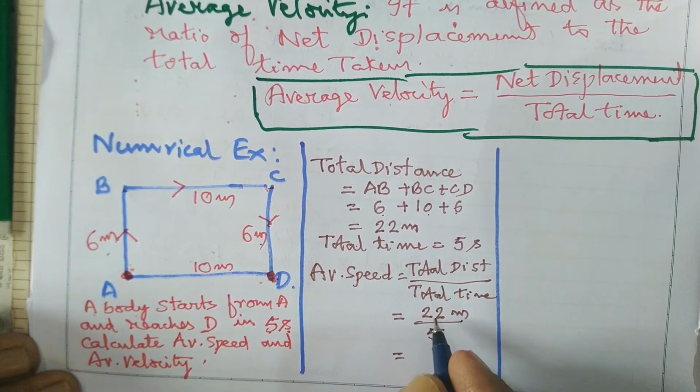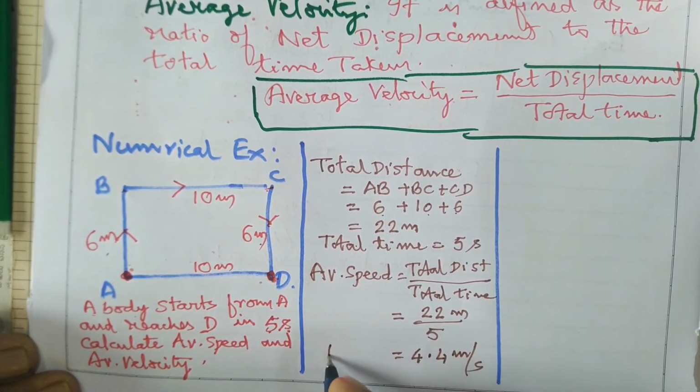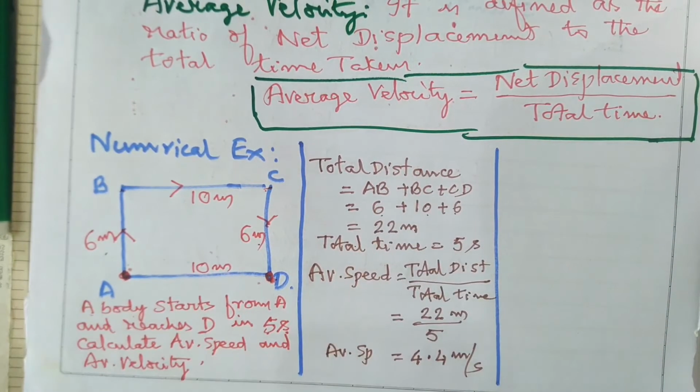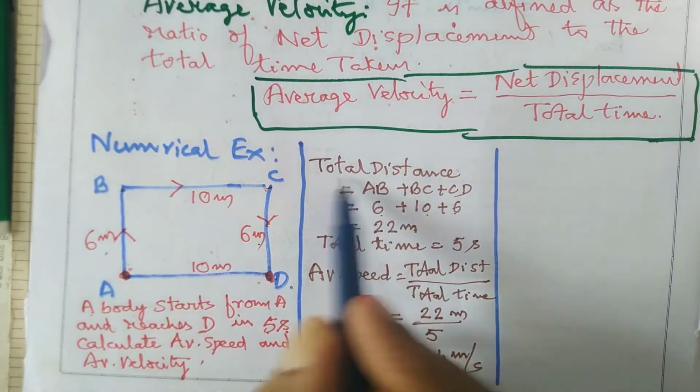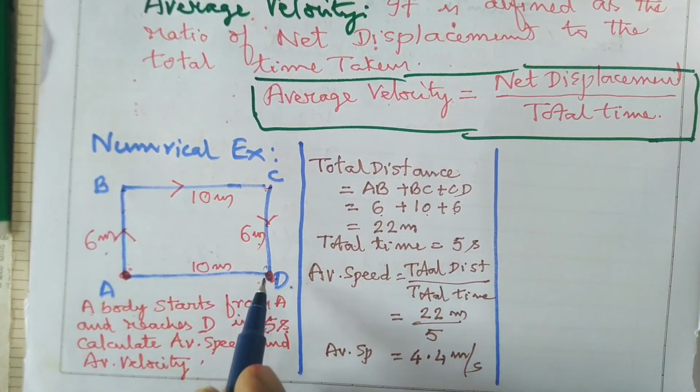Dividing 22 by 5, 5 4s are 20, and you get 4.4 meter per second. That is the average speed. For the average speed, we calculated the total distance 6 meter plus 10 meter plus 6 meter. Remember, it stopped there at D.